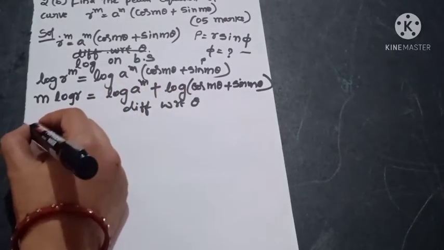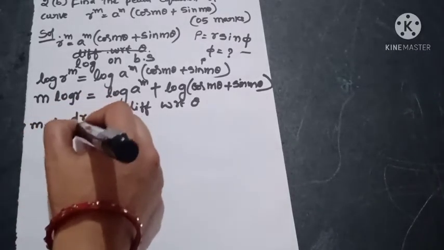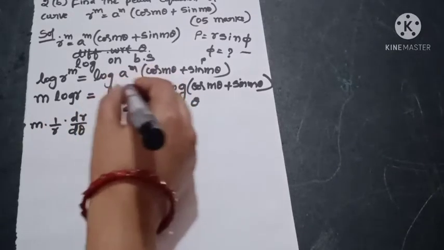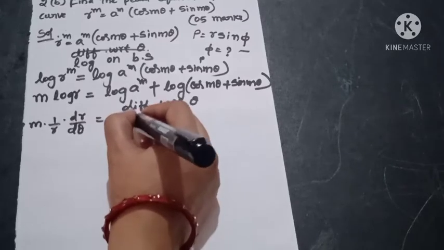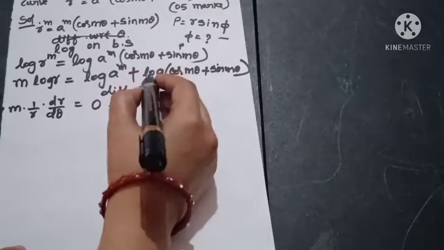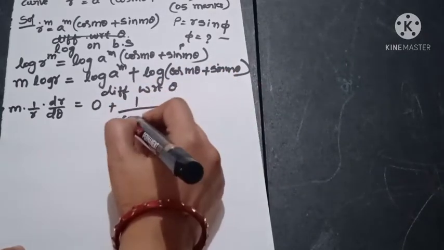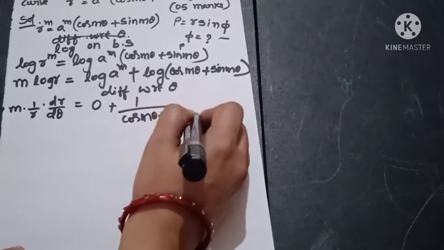So what we get is 1 by r into dr by d theta. Here a is a constant, so log a to the power of m is constant, and its derivative is 0, plus the derivative of log of something is 1 over cos m theta plus sin m theta.